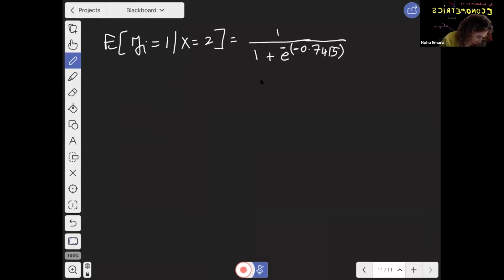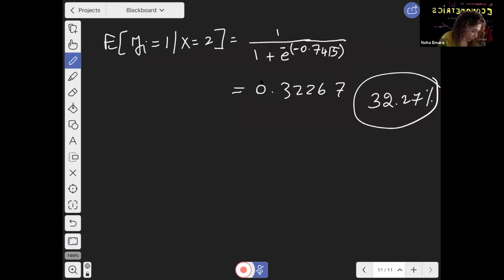Just computed by the calculator, and then you will find that 0.32267, or at income of 2,000, the probability of owning the house is about 32.27%.